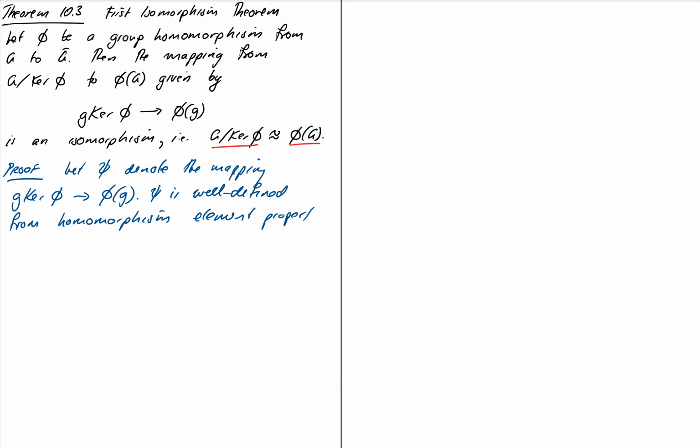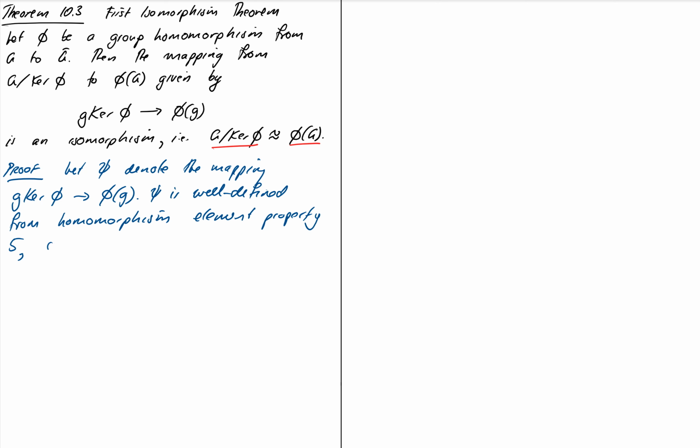That's property number 5, which says that if two things map to the same element, they're definitely in the same coset. So we can't get different coset representatives mapping to different elements. That all works from the properties we've talked about previously. So it's a well-defined mapping, and we don't need to bother proving that part. That's element property 5.